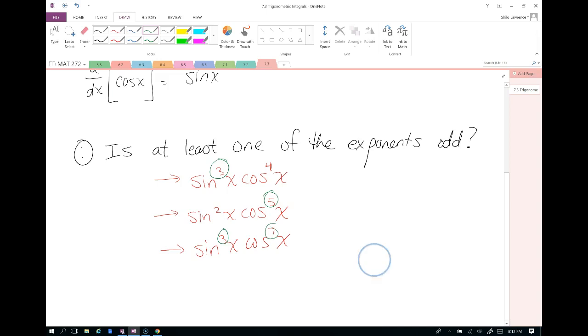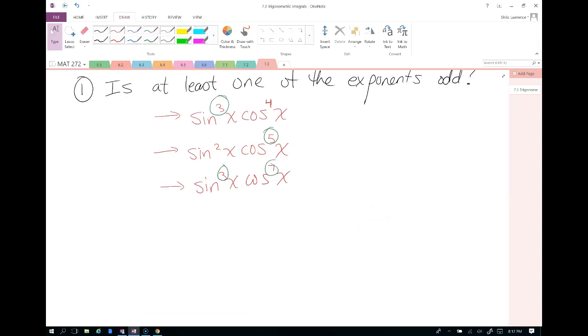And if it is, then the approach that we're going to take is to just hold on to one of those odd powers and rewrite the rest of them in terms of our other function using that Pythagorean identity. So if the answer is yes, then great. I think this is the easiest method to use.